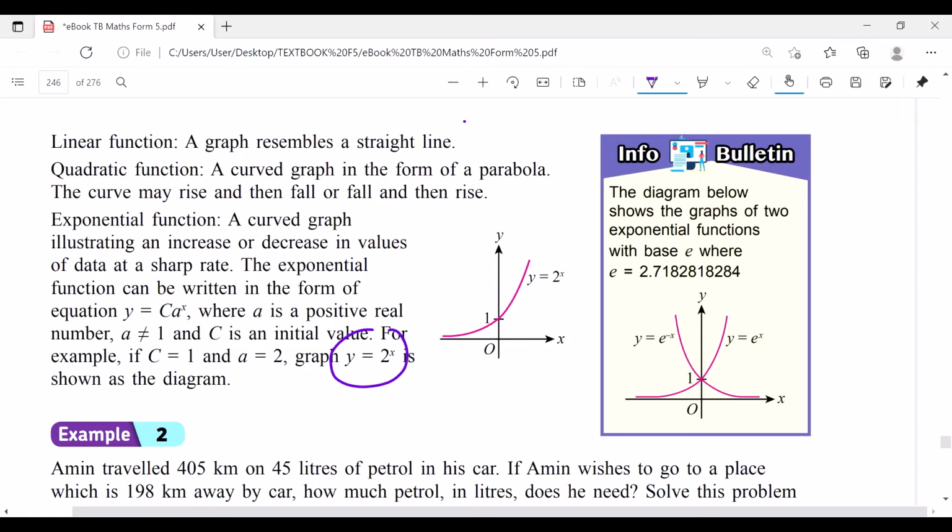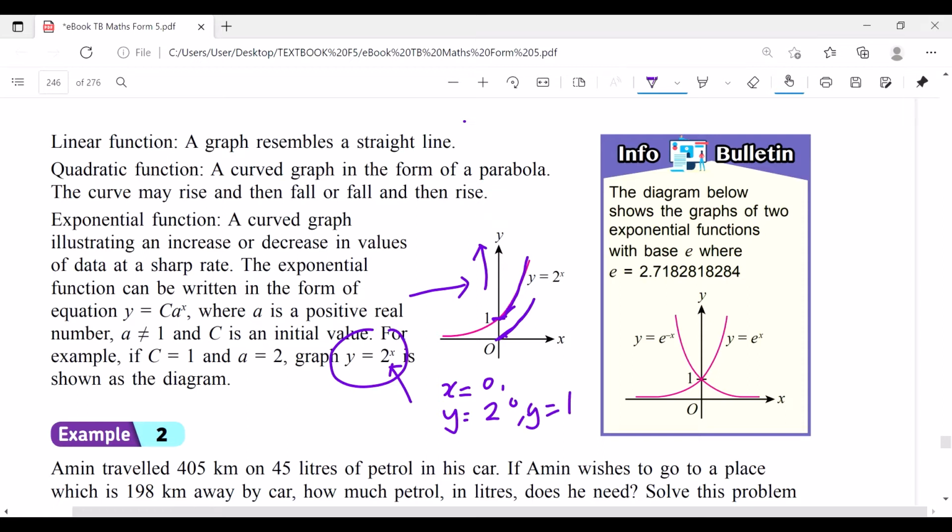The graph will be like this. You can see how fast the value of y increase. It's increasing exponentially, and the graph cannot go through 0. For this function, it will pass 1, because when x is 0, your y will be 2 to the power of 0, then your y will be 1.